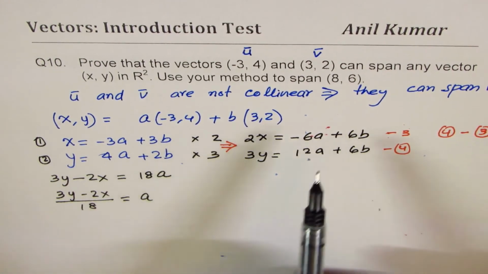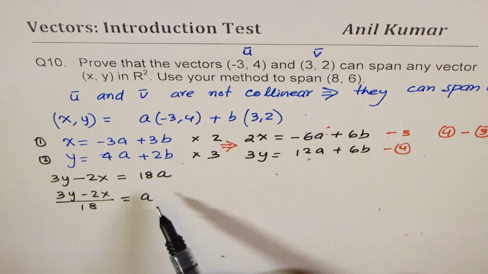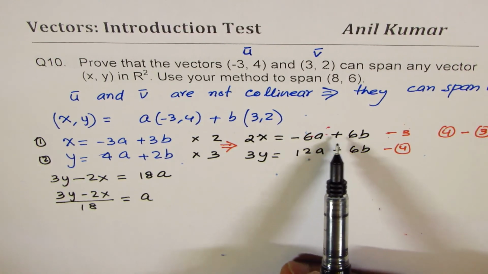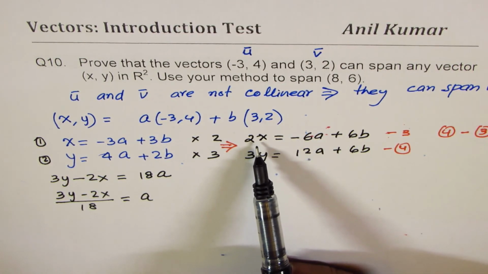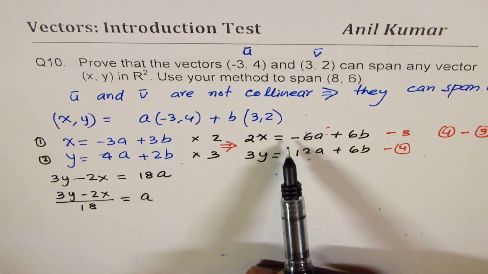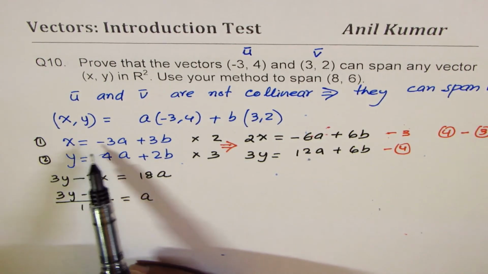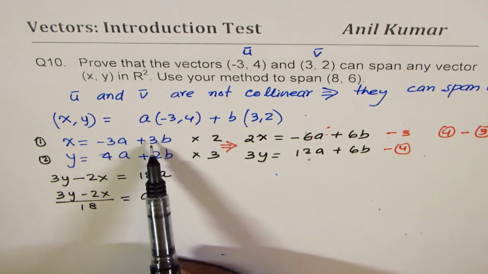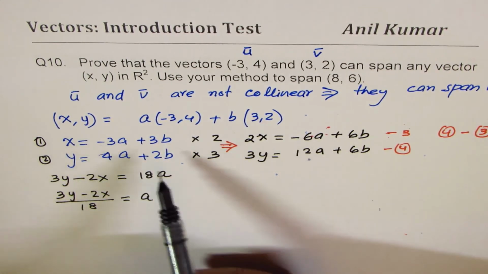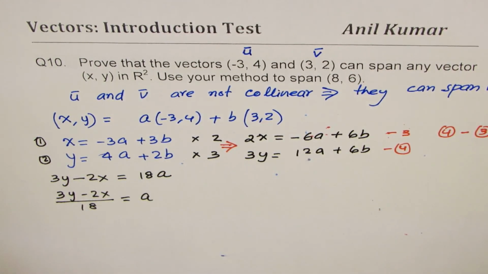Perfect. Now, we could substitute this value of a and find what b is in terms of x and y from this equation. Or what we will do here is redo this operation.